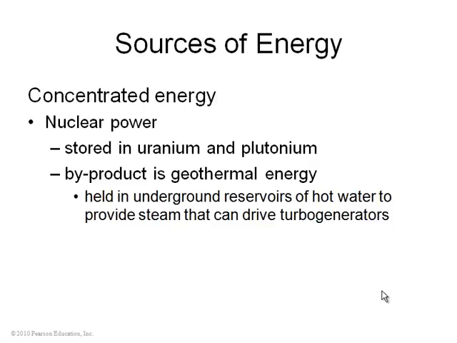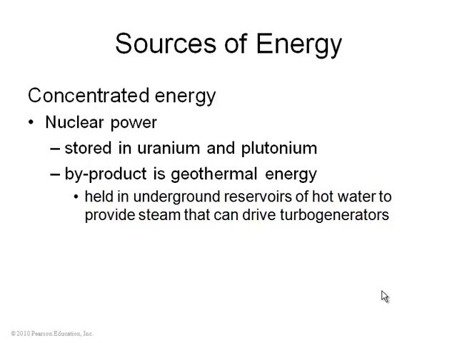We also can get energy from concentrated energy sources, such as nuclear power. Nuclear power is stored in elements like uranium and plutonium. A byproduct is geothermal energy, which is held in underground reservoirs of hot water to provide steam that can drive turbo generators.